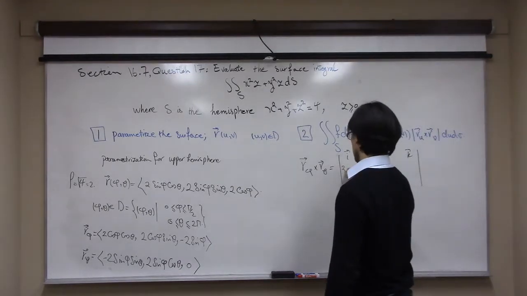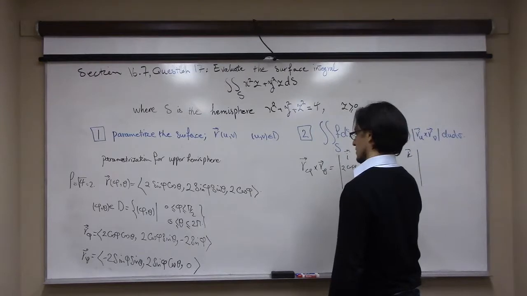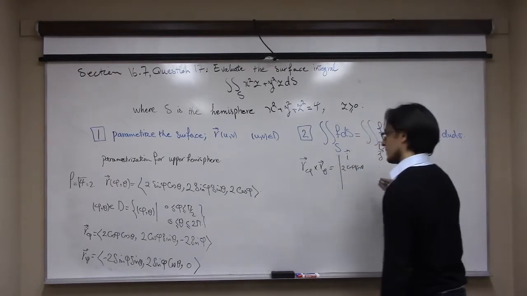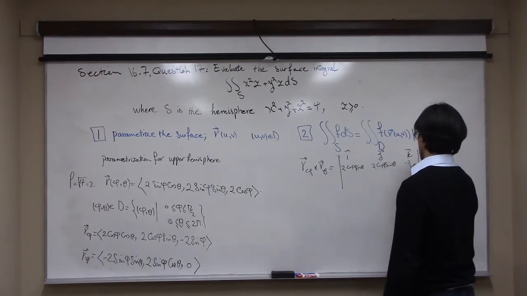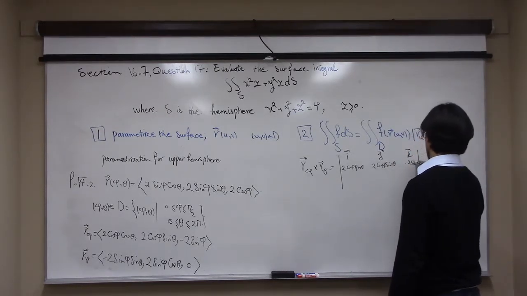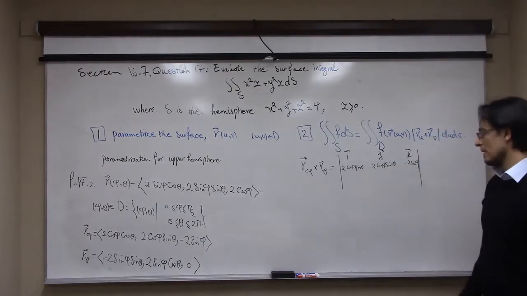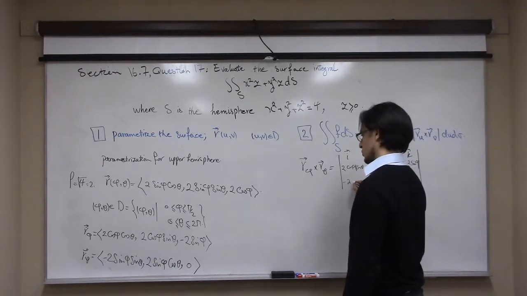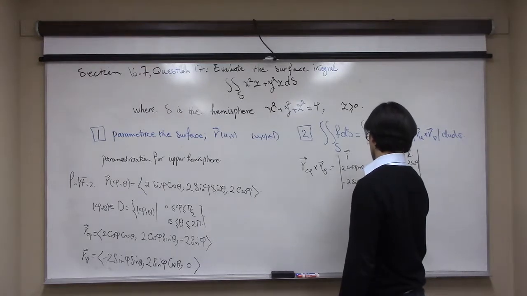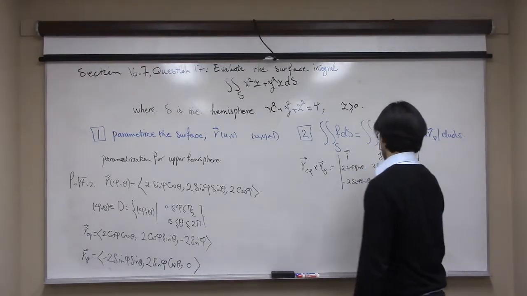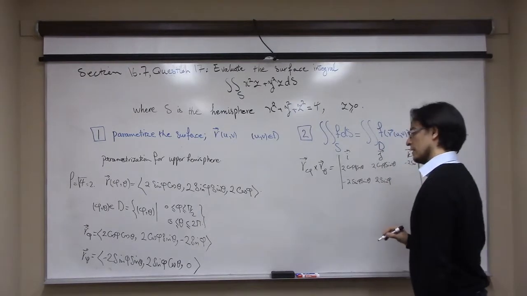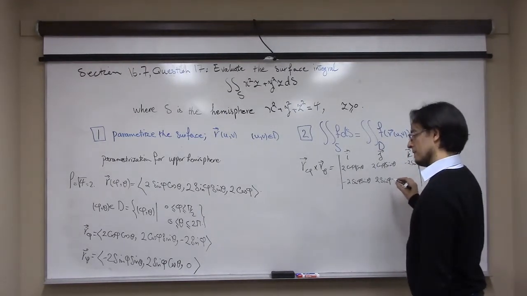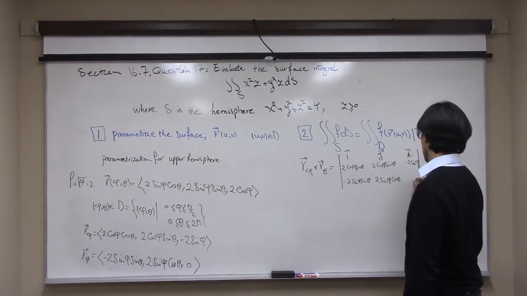I have 2 cosine phi cosine theta, 2 cosine phi sine theta, minus 2 sine phi, and then minus 2 sine phi sine theta, and then 2 sine phi cosine theta, and 0.